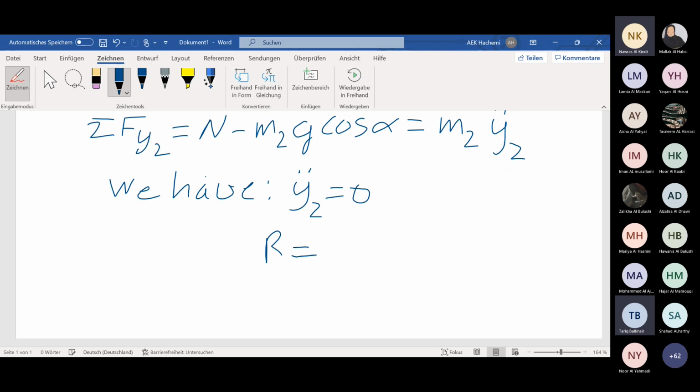It's only mu multiplied by n. This has already been defined in the lecture, that there is always this relationship between the friction coefficient mu and the normal force, or the contact force.